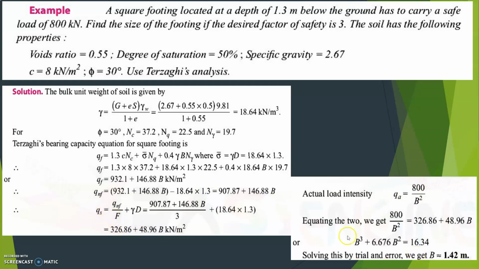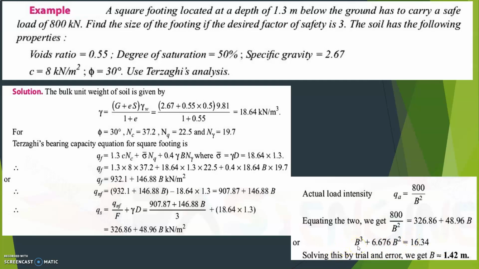Now when you simplify this, you will get B cube plus 6.676 B square is equal to 16.34. The only method to calculate B is the trial and error method. Substitute different values for B, and when these two sides become equal, take that value for B. You can start with 1.